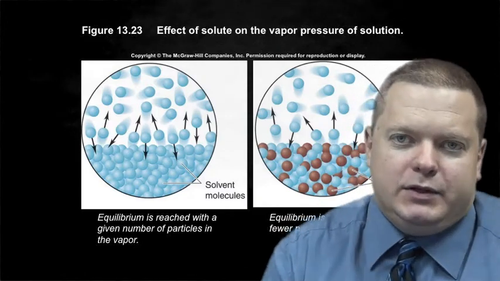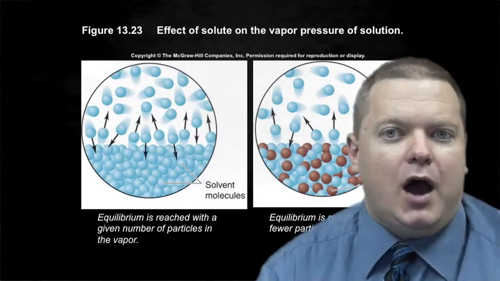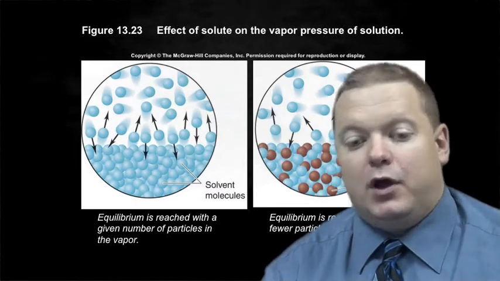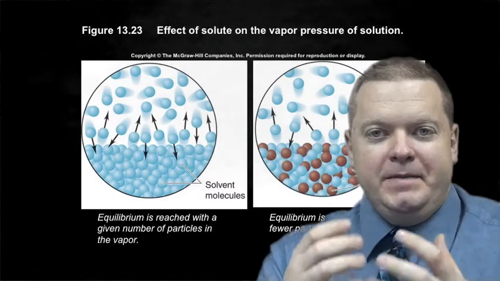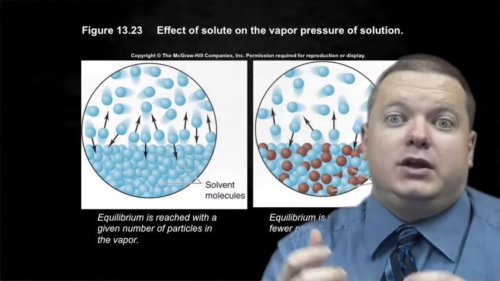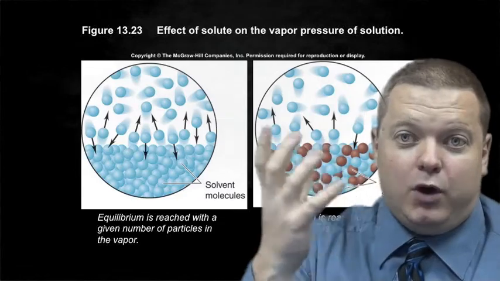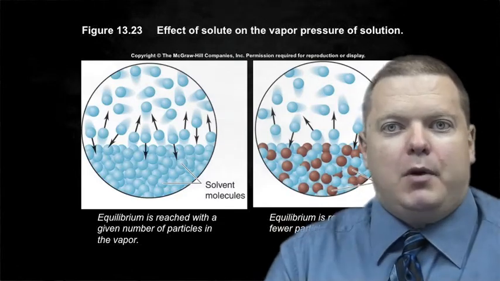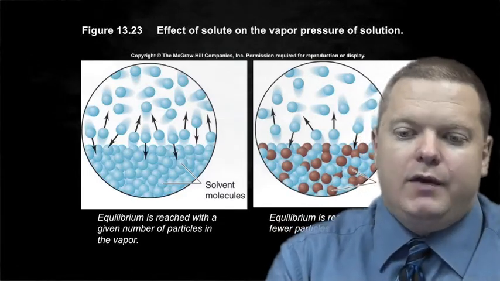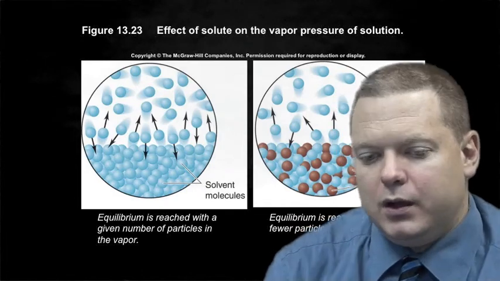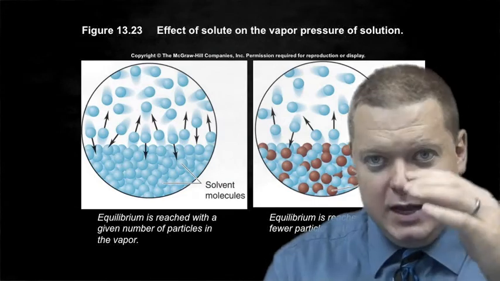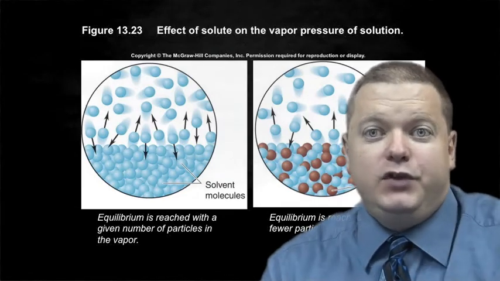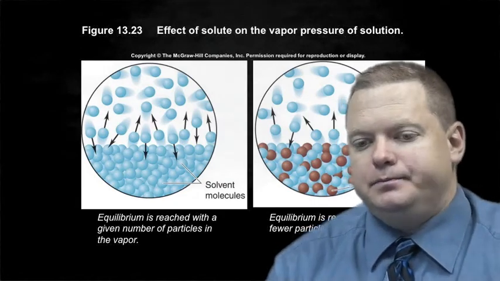So typically when we talk about this lowering of vapor pressure, we're talking about putting a non-volatile solute in there. Going back to our sodium chloride example, the sodium chloride isn't going to escape to form sodium vapor, just the water molecule. So the presence of these additional solute molecules is lowering the vapor pressure because fewer molecules can escape.